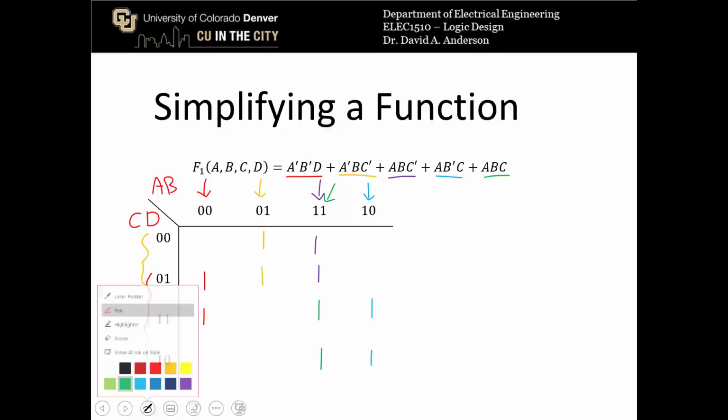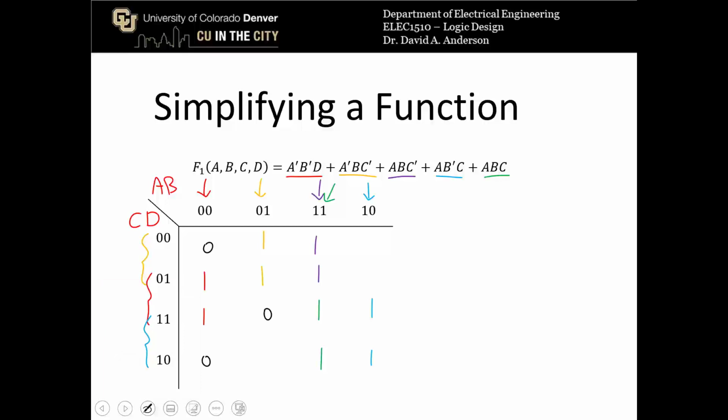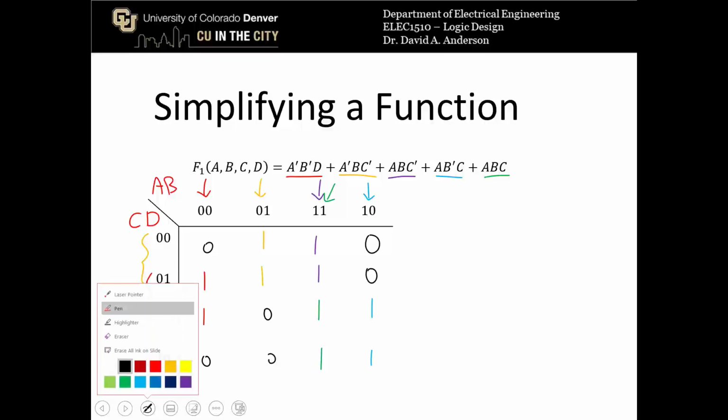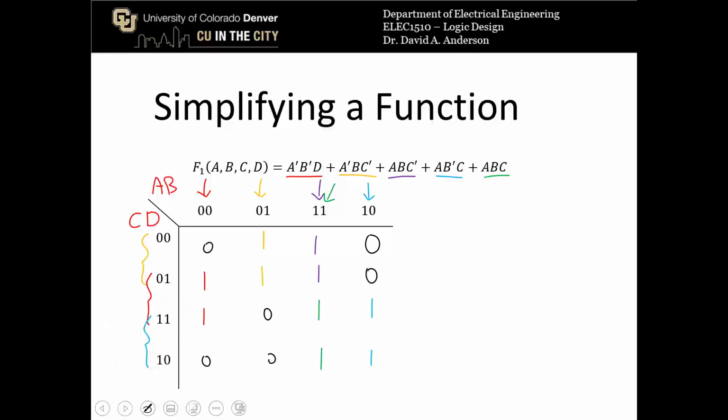Okay, now I will just fill in zeros for the rest of the minterms. And now we can start to optimize this expression. There are a few different ways to go about doing this. It looks to me like this bubble is going to be one of the essential bubbles.